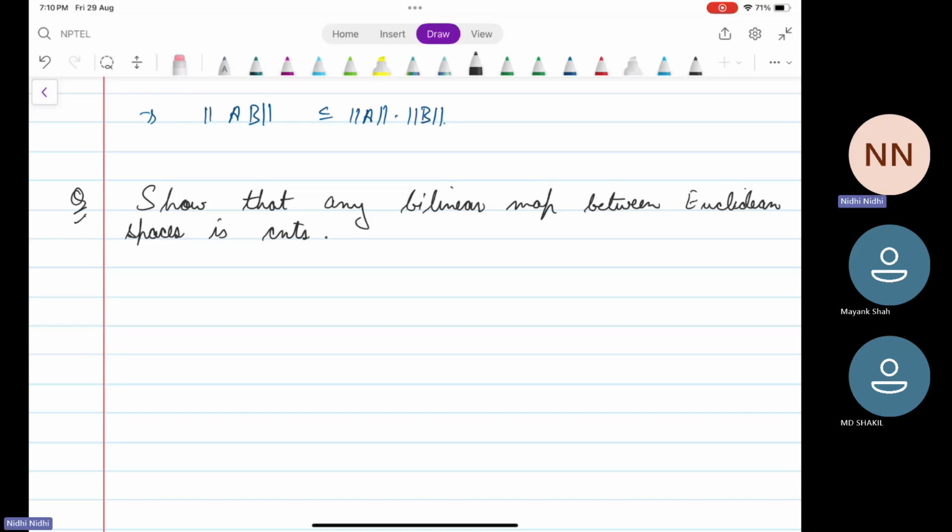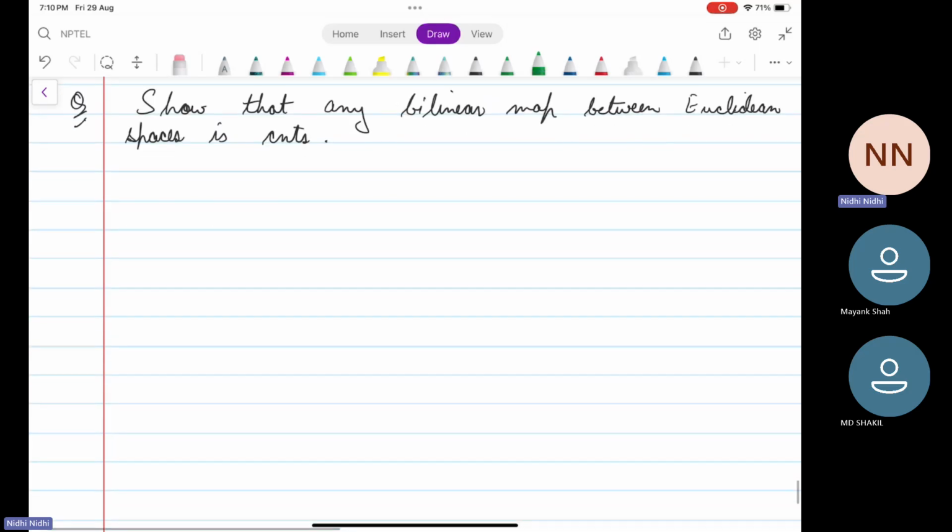Where the metric on the product is any one with the characteristic property. Basically, we have a metric on the product space also. So we'll use the fact that bilinear maps are defined from E cross F to G, and they are linear with respect to each variable.